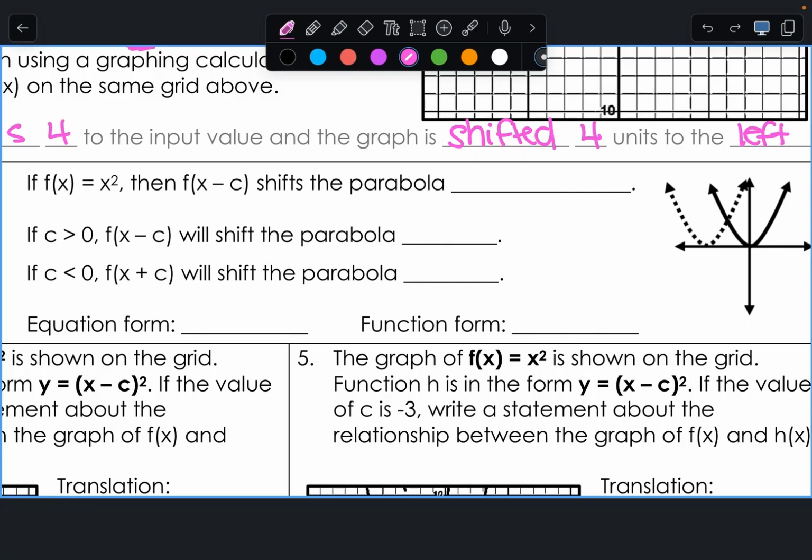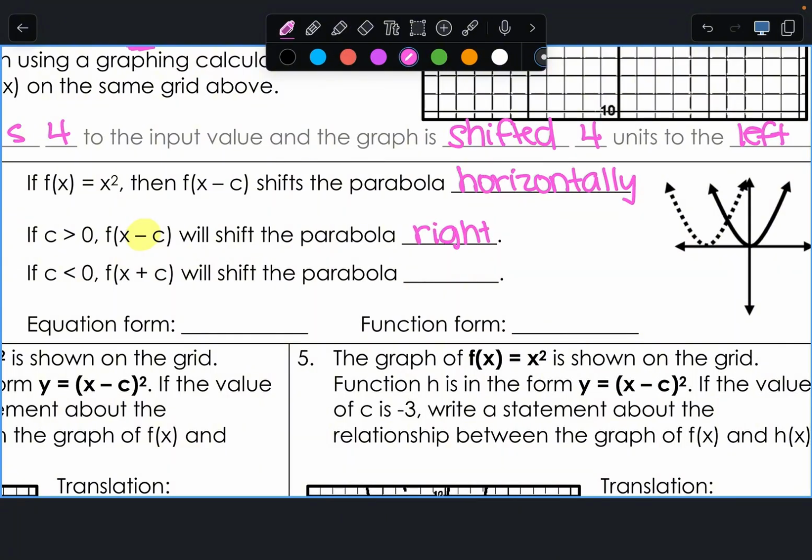Keep that in mind. So f of x minus c shifts the parabola horizontally. Minus is how you write vertex form. So staying as a minus sign means that you're going to go to the right, that the number is positive.